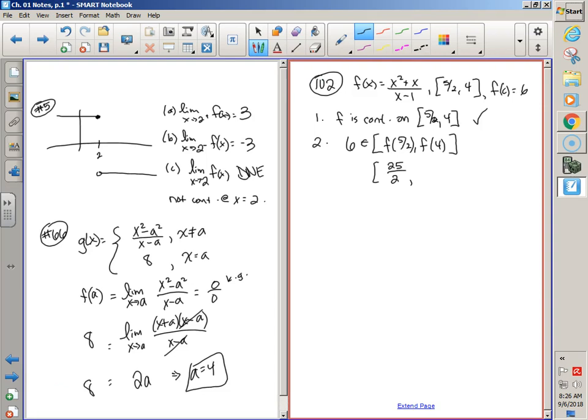4 squared is 16. 16 and 4 is 20, and 20 over 3. Has anybody checked it yet? Oh, 5. No, I'm off.